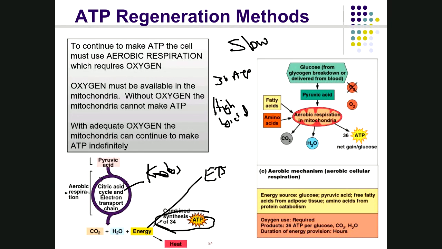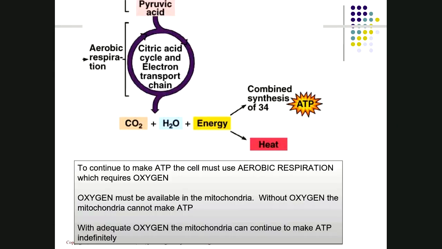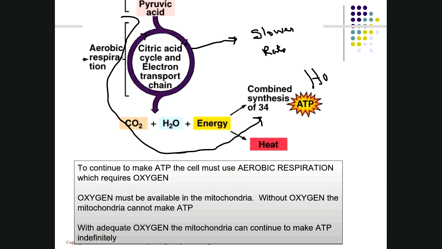So if you do slow down to the point you can make ATP this way, you can do it for a really long time. So if you work out, run, whatever, at a slower rate, not sprinting, but at a rate slow enough you can supply oxygen, you can do this whole process so that you get all this ATP, you can do it for hours.